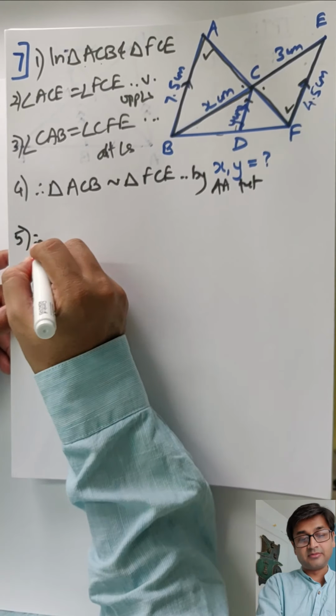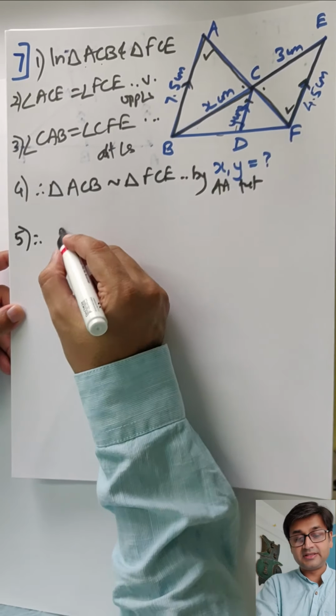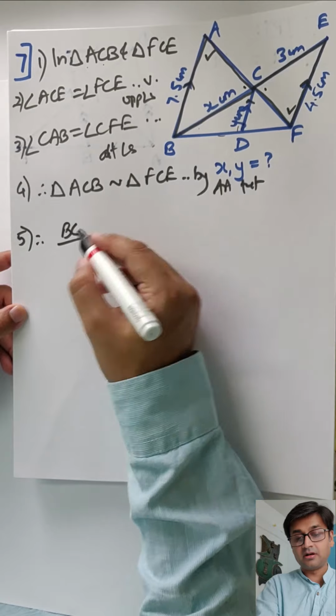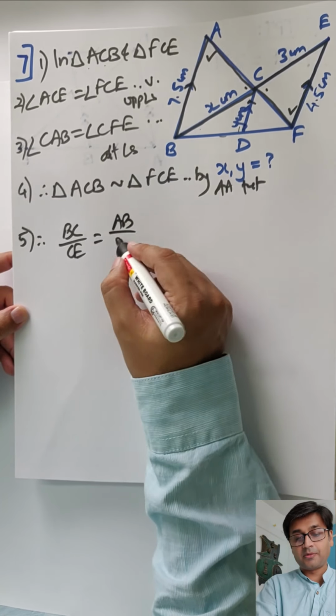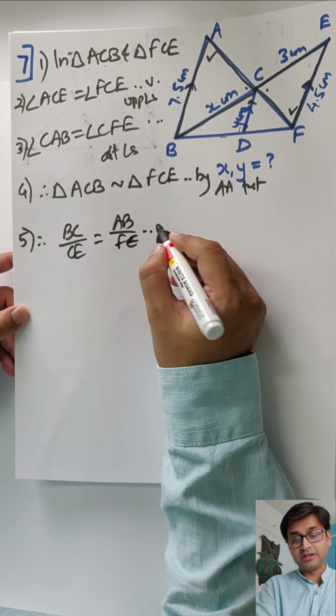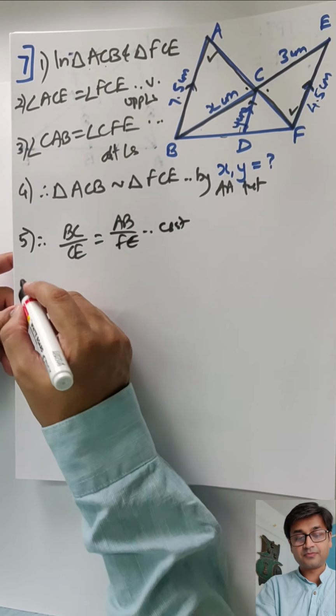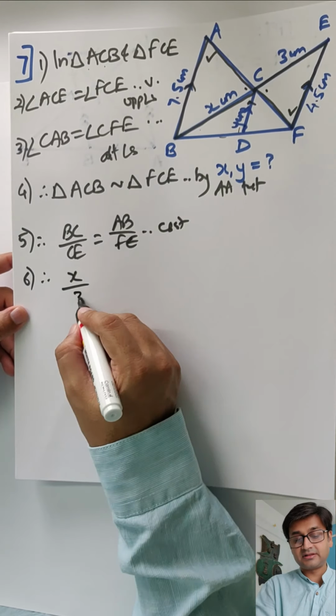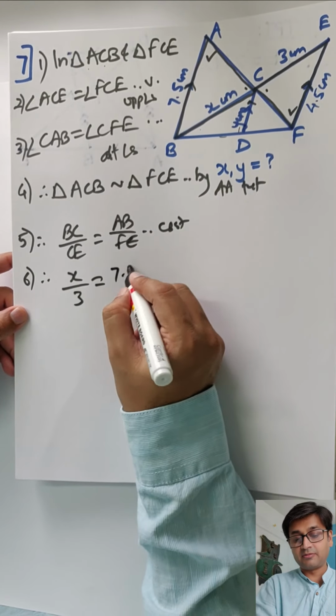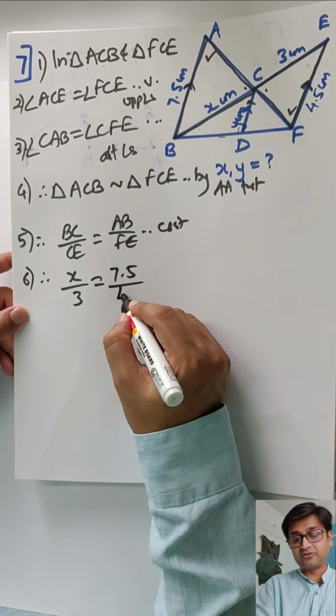Since triangles are similar, therefore BC upon CE equals AB upon FE, CSST. So 6th, BC is x, CE is 3, AB is 7.5 and FE is 4.5.